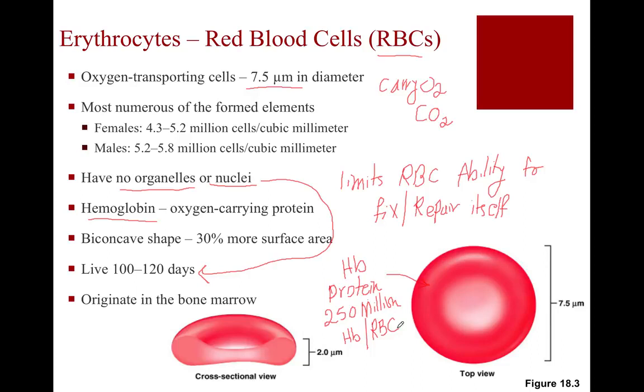As far as the origin of production of your red blood cells, they originate not just from the bone marrow, they actually originate from the red bone marrow, and this is found inside your spongy bones. You will learn about that later on in Bio 251. Let's just finish this up and then we'll pick it up in your next presentation.